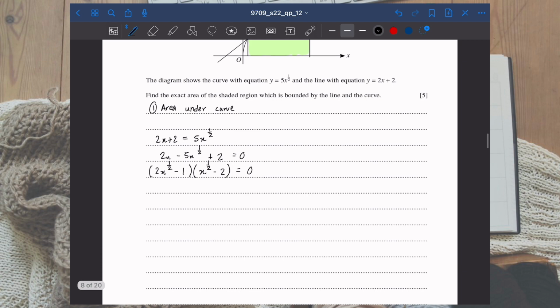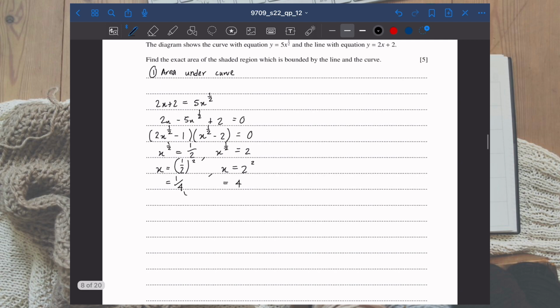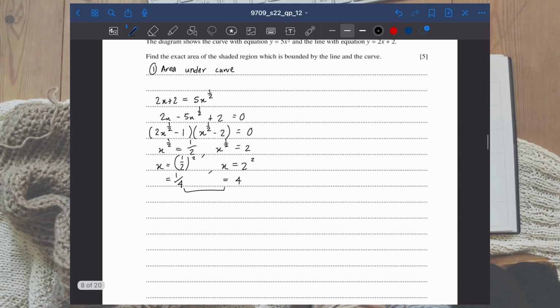So you'll get x power half equals 1 over 2 and x power half is also equal to 2. So our x is 1 over 2 squared, which should give us 1 over 4, and 2 squared, which gives us 4. So these are our limits.